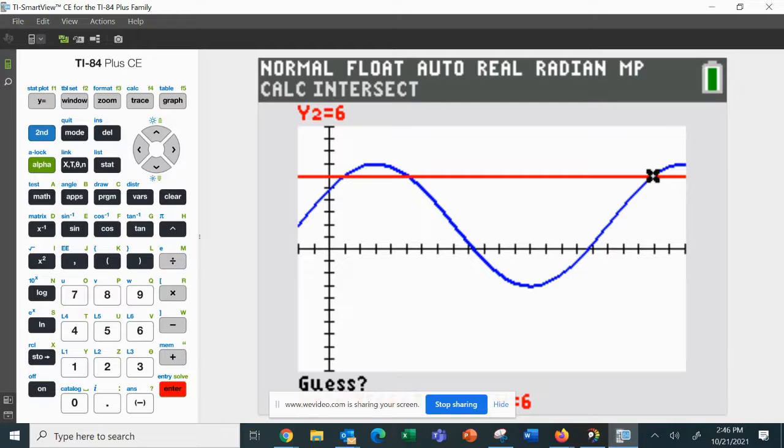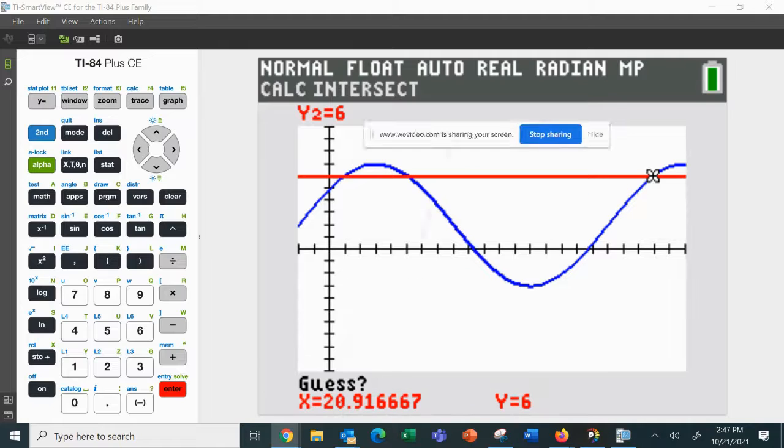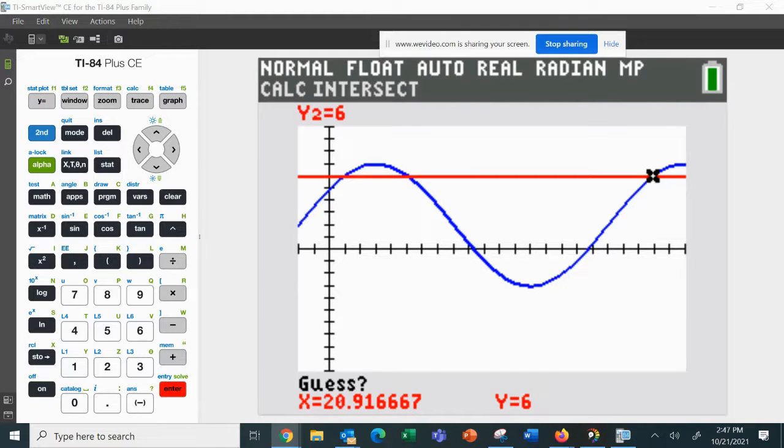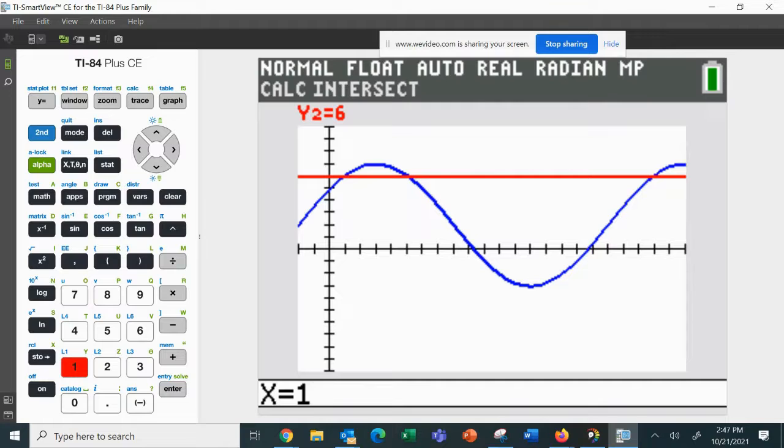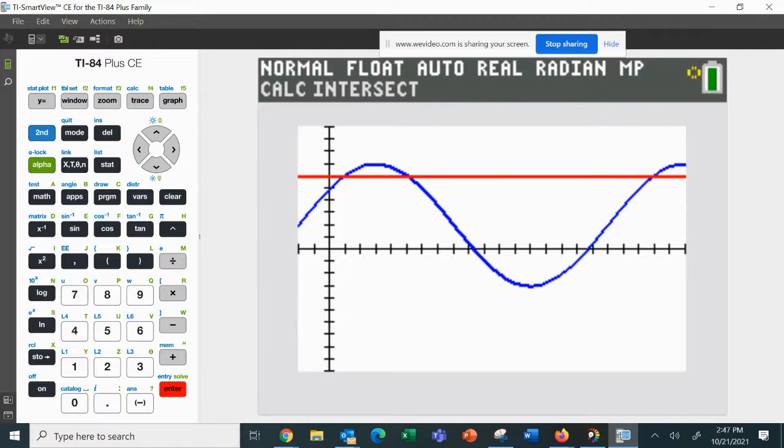You can literally type in what you want to go close to. Remember ours was 0.9, so I'm going to just type in 1. I type in 1 and it shows up down there. Then hit enter. And it's done. And we got the right answer.